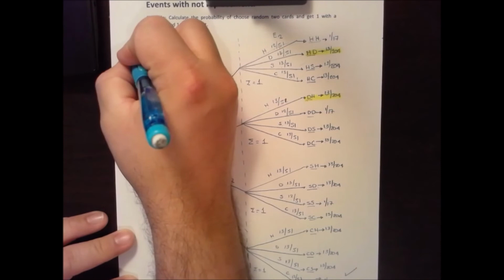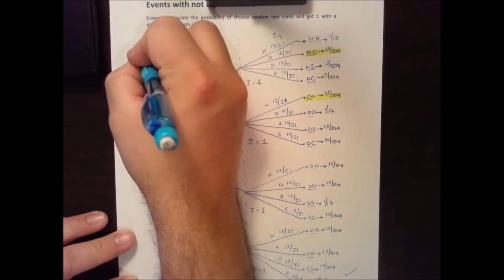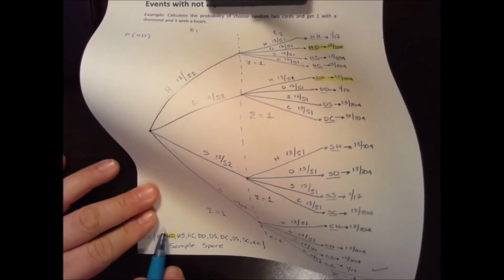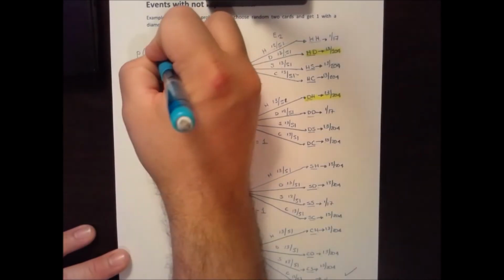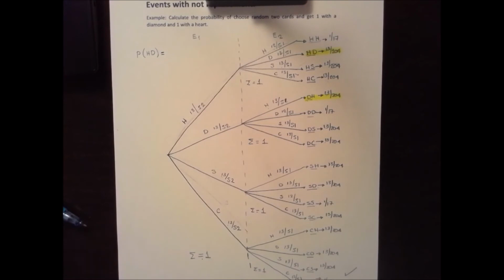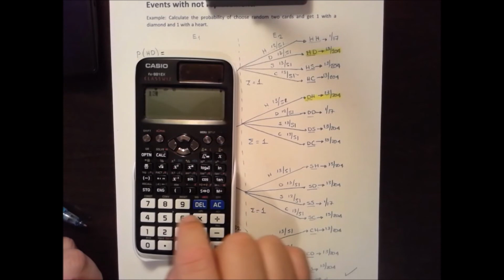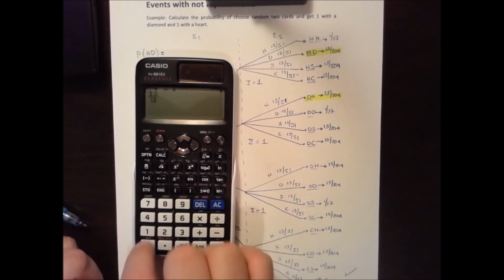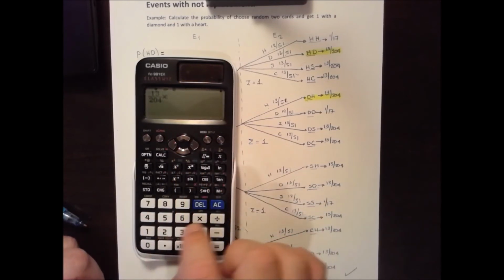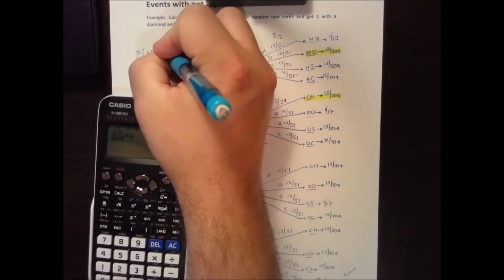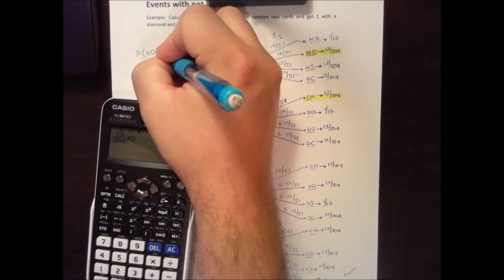So the probability that HD or DH happened is going to be very easy. Just add both probabilities: 13 over 204 multiplied by 2, because it appeared twice. In that case it's going to be 13 over 102.